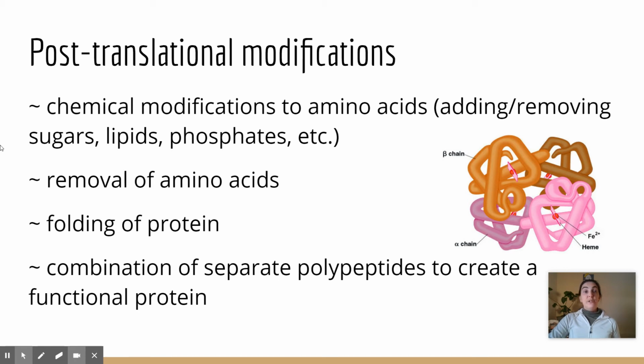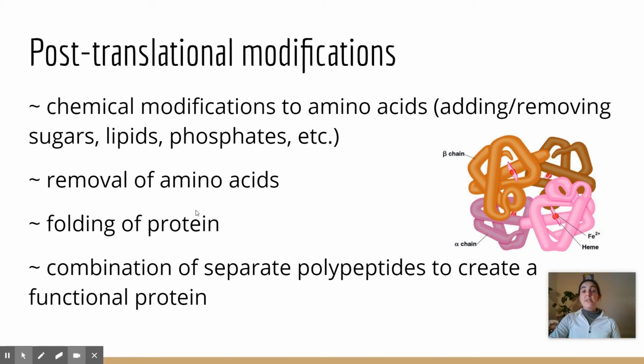Other molecules or molecular groups might need to be added to parts of that polypeptide chain, and that could include sugars or lipids or phosphates or other chemical groups. Sometimes certain amino acids need to be removed from a polypeptide chain, like that signaling sequence that we saw at the beginning of the last slide. We'll look at another example of this one in a minute.